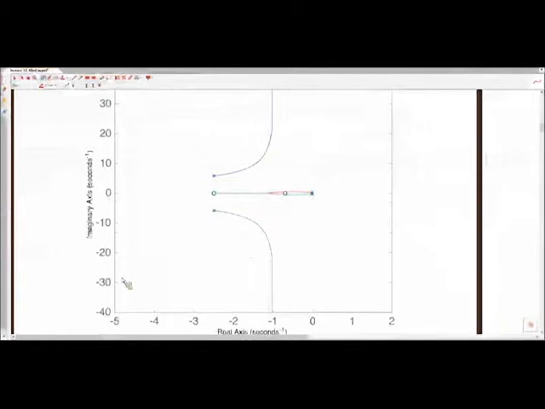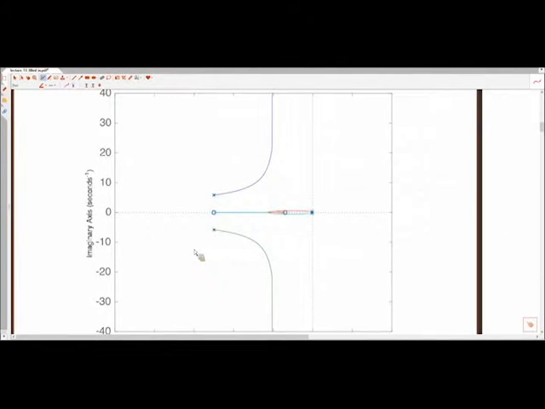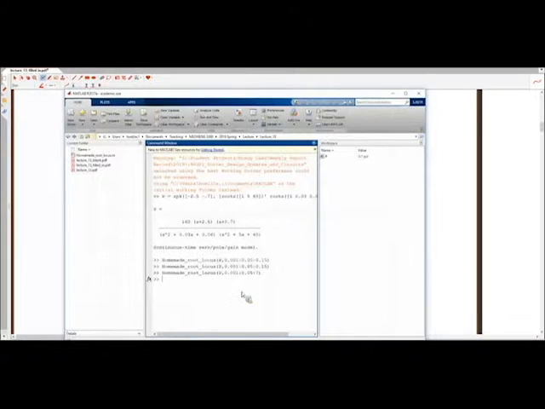Okay, and so MATLAB will produce this for you as well. So this matches what we just had on the screen here. The axis is a little bit different, so it doesn't look as distorted. But if you want to plot this in MATLAB, you just say rlocus, and then the plant. It'll pop up in a second.